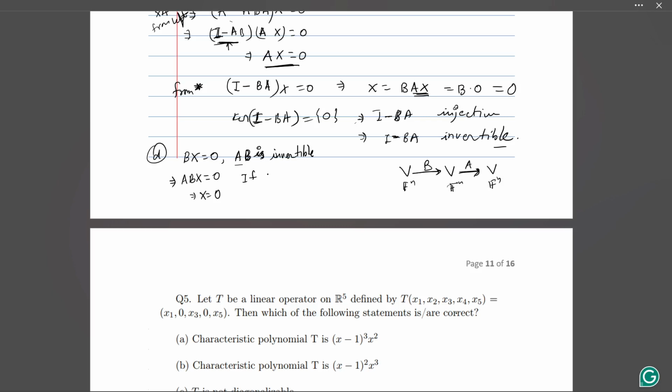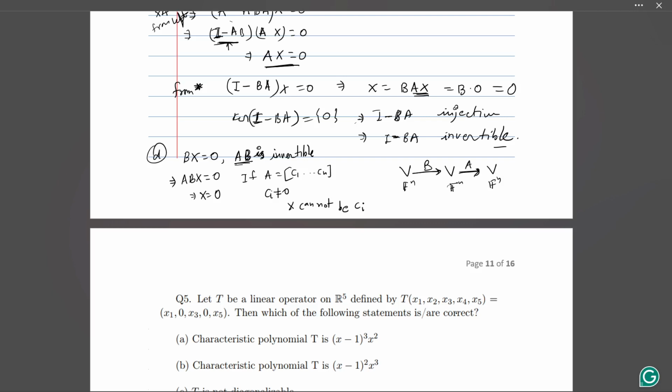If A is C1 to Cn, then Ci's are non-zero because A is invertible. So X cannot be Ci. Okay. So I'm not showing that if AB is invertible, then A is invertible and B is also invertible.